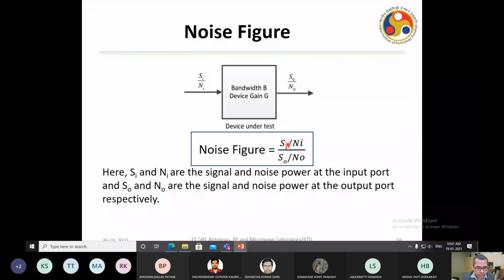So SNR at the input divided by SNR at the output. If you are from a communication background, you know what SNR is. SNR is the ratio of the signal power by noise power. This is the SNR at the input and this is the SNR at the output. The ratio of these two is called the noise figure. So you can find out the noise figure by calculating all these terms here. There's a major simplification here in the next slide.